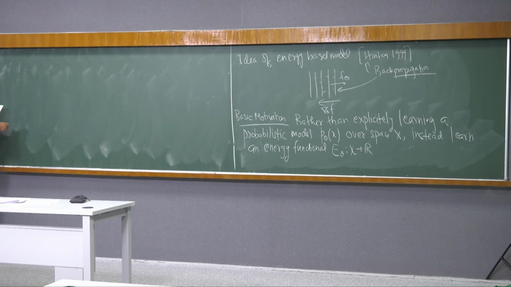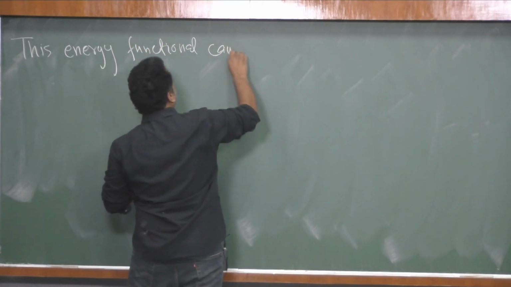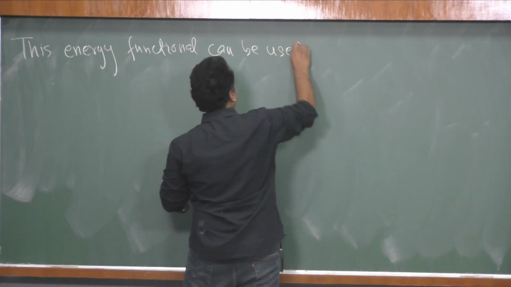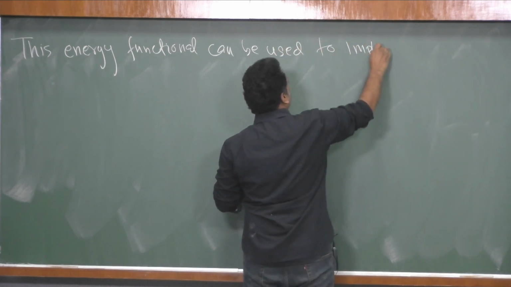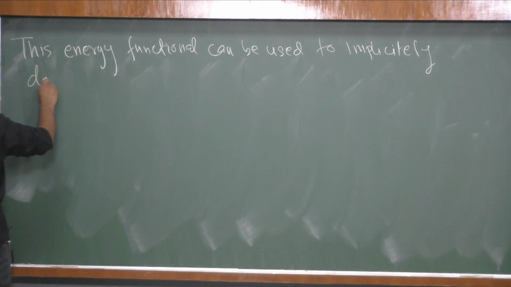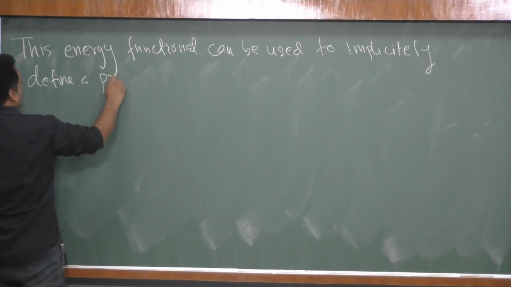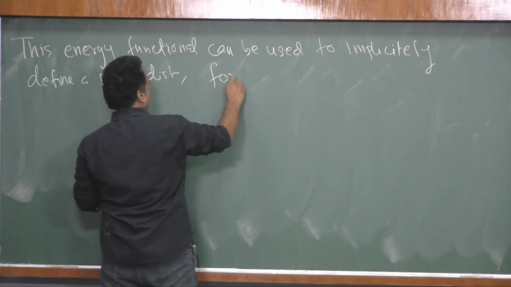And this energy functional can be used to estimate the probability, or to implicitly define a probability distribution, for example, a Gibbs distribution.